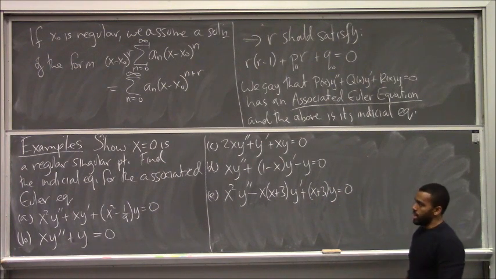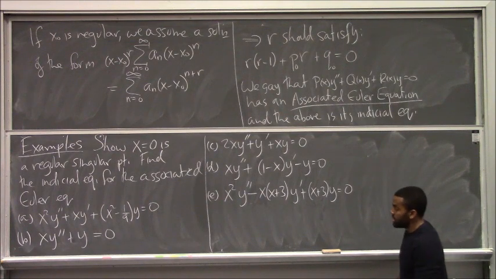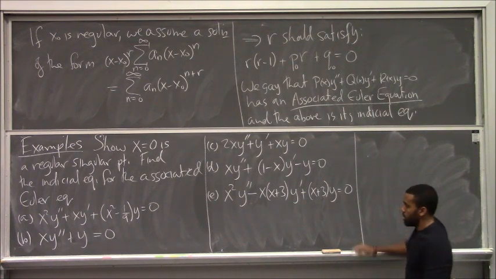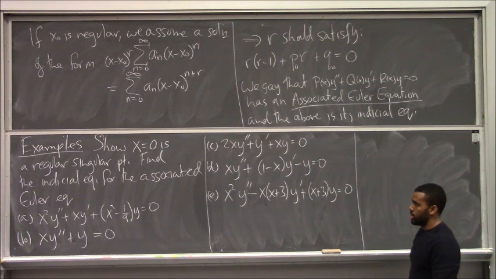It'll say, show that this is a regular singular point, or find all singular points, show that one is regular and the others are irregular. Find a series solution near the regular singular point. You go through this in the beginning, and then you wrap it up. But let's just get to that equation so we can figure out what R value we're going to pick when choosing a series solution.